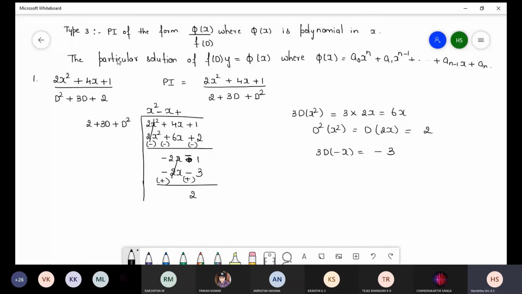Here again 1 I will multiply with this 2. So 2 minus 2, 0. Therefore yp is equal to the quotient, that is x square minus x plus 1. This is the method of type 3.